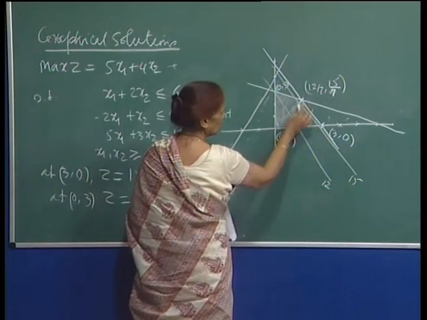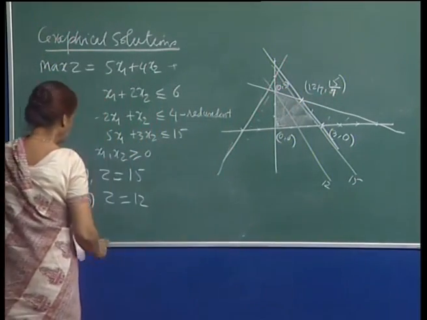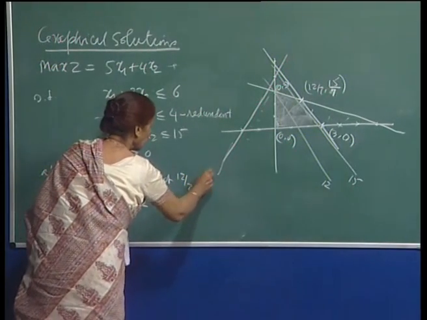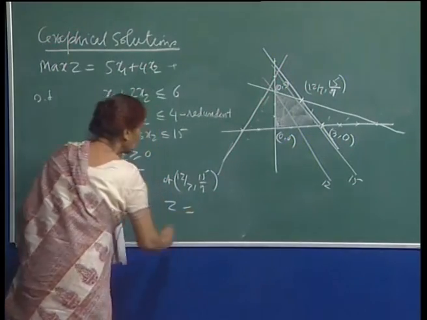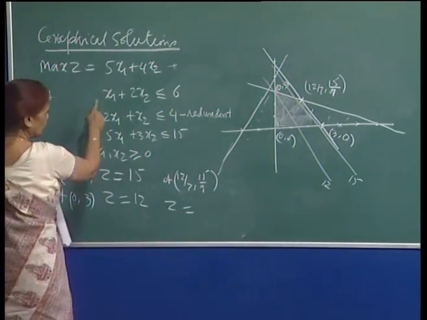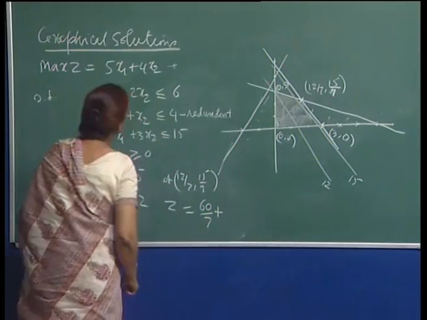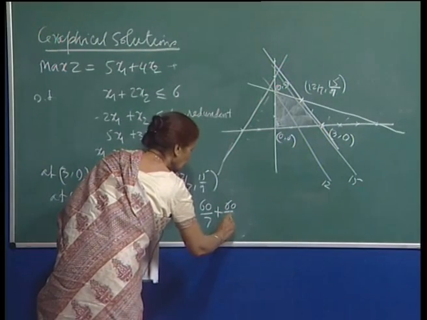So you see that when it hits this point, 12 by 7 and 15 by 7, let us compute the value of z there. It is equal to 12 times 5 over 7, which is 60 by 7, plus 60 again by 7.